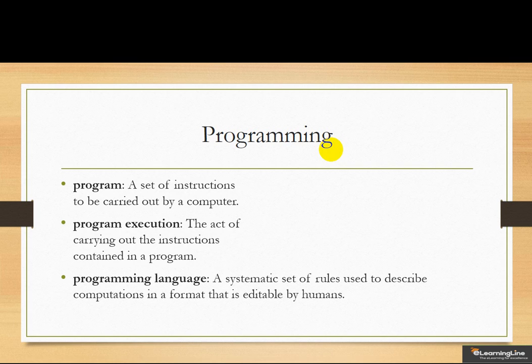Now, whenever you write a program, if you are writing it in Java or C#, then you have to follow the syntax associated with that programming language. Java has a set of syntax rules that you have to follow, so that whenever you write a program, it will be understood by the CPU.